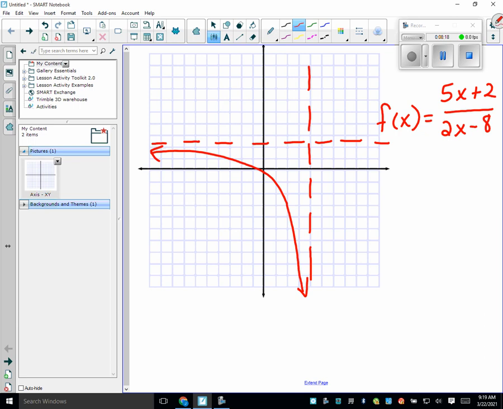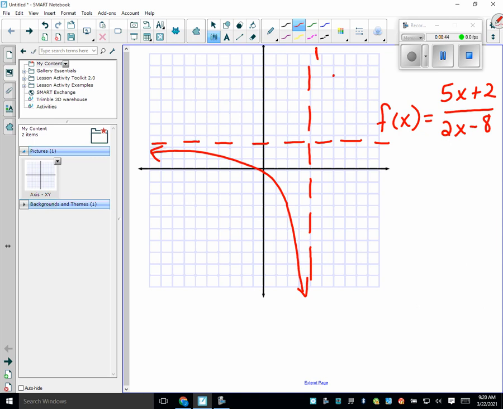We just need a point somewhere to give us some kind of guidance. Is there another point you can give me? 6, 8. Do you agree?